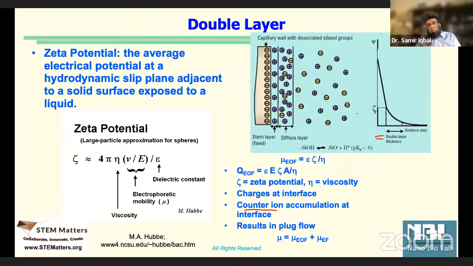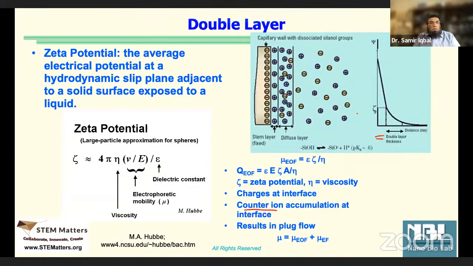But on top of it, then there is a diffuse layer, which is less strict, but nevertheless, it still has higher density. So in this case, the surface is negatively charged, so it's the accumulation of positive charge on the other side. And we use zeta potential to quantify what would be the charge on a material.